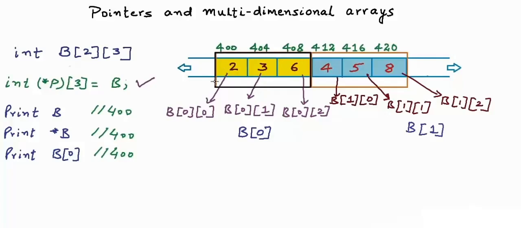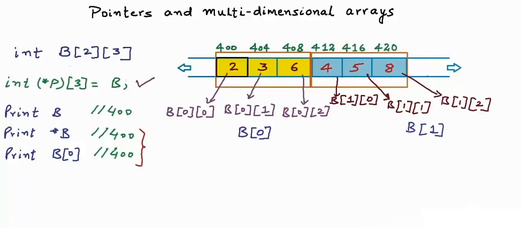So if we have a pointer to this one-dimensional array that is storing 2, 3 and 6, then its address is 400. Now when we did an asterisk b, which is same as b0, we dereferenced and now we have got the complete one-dimensional array b0. Now if I use b0, because b0 is a one-dimensional array, we will get a pointer to the first integer in b0.